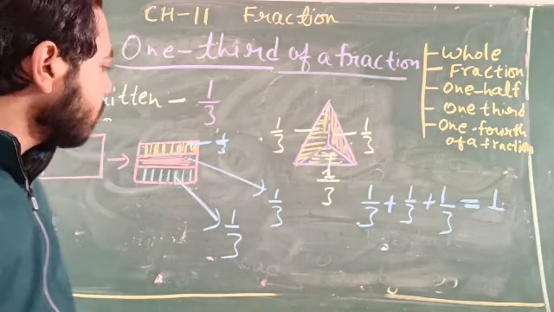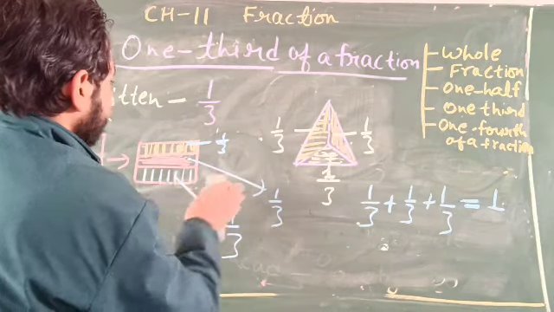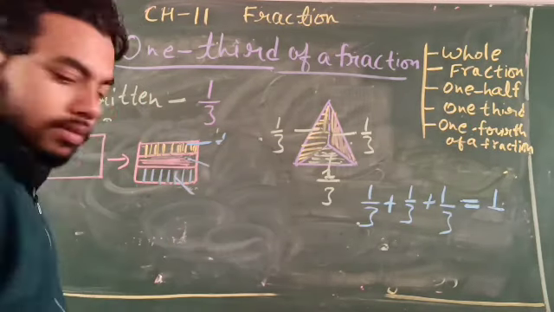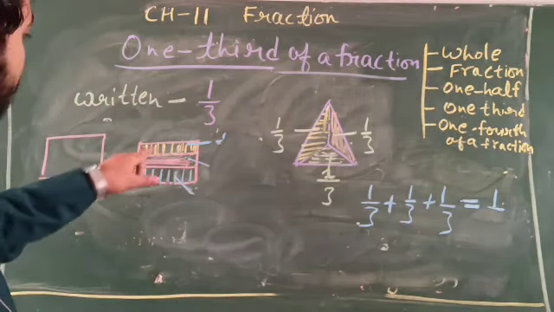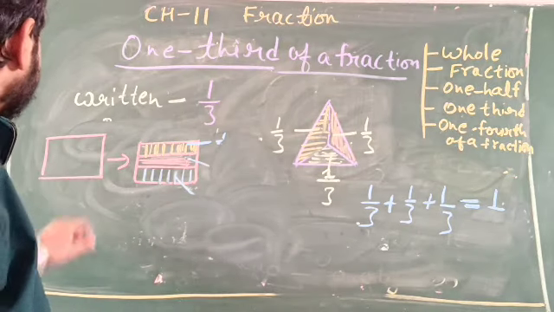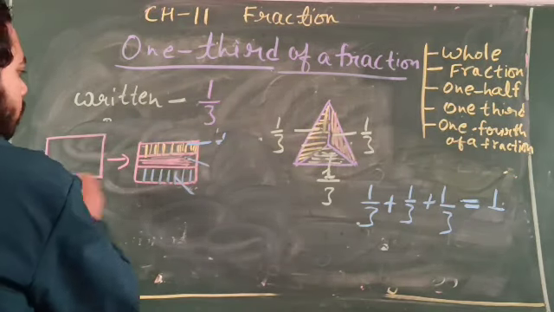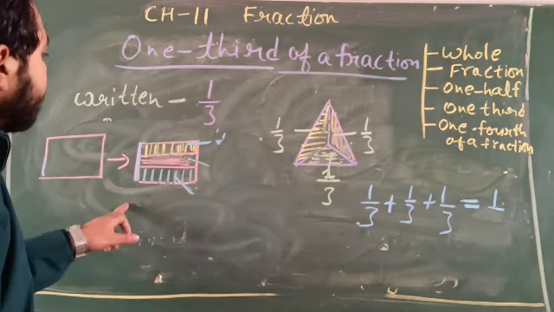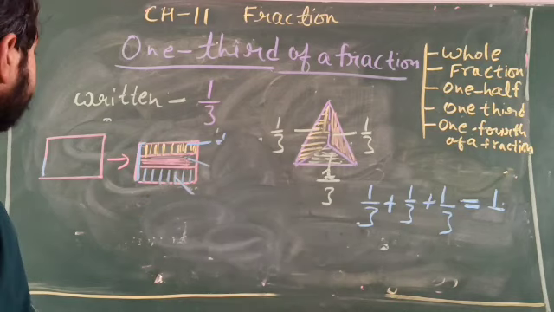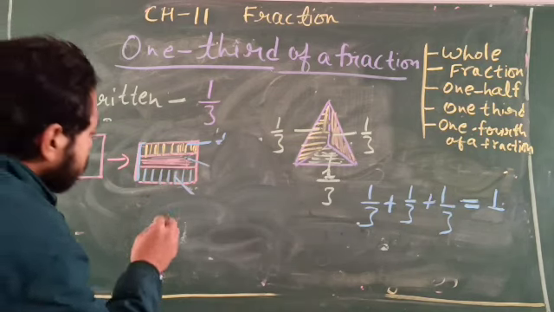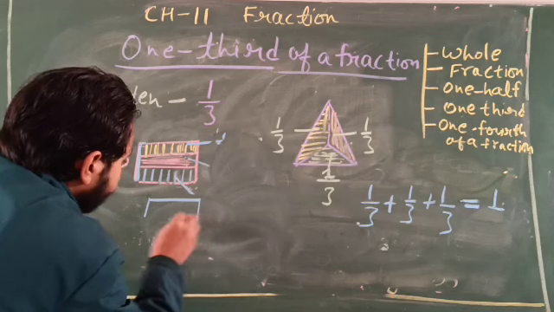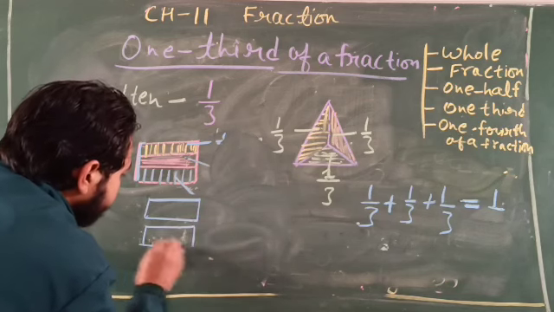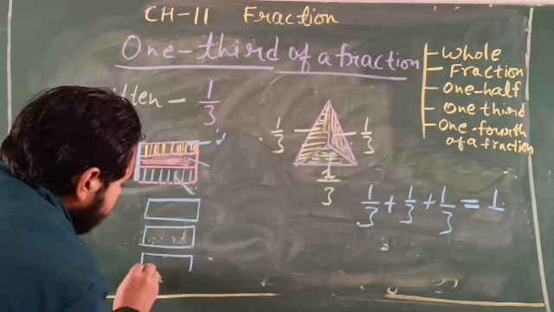So here we see that the square is divided into 3 equal parts. So here is the first part, that is the second part, and that is the third part.